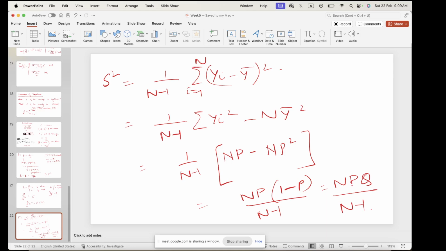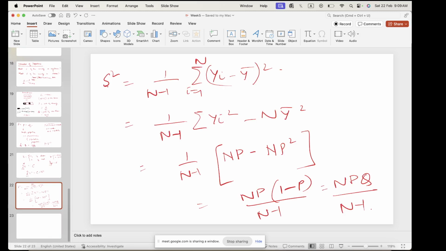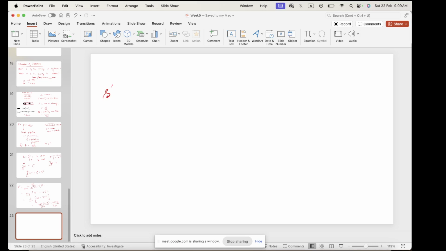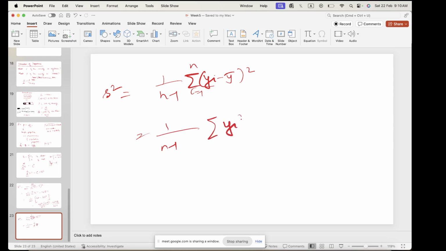Okay, so then the estimate of this capital S square is given by small s square, and that is nothing but 1 by small n minus 1 summation of yi minus y bar whole square, i equal to 1 to n, which is 1 by small n minus 1 into summation yi square minus n y bar square.